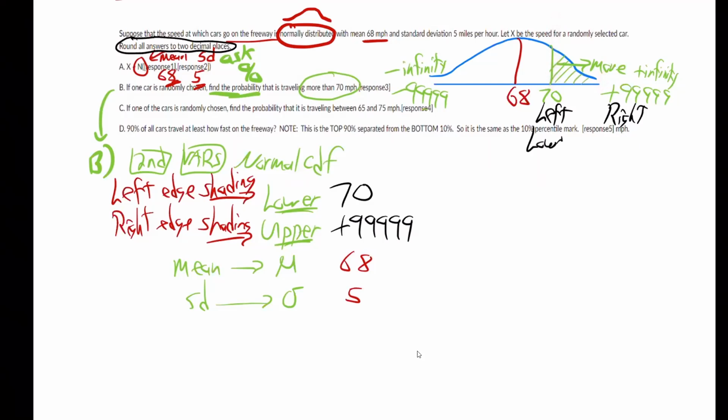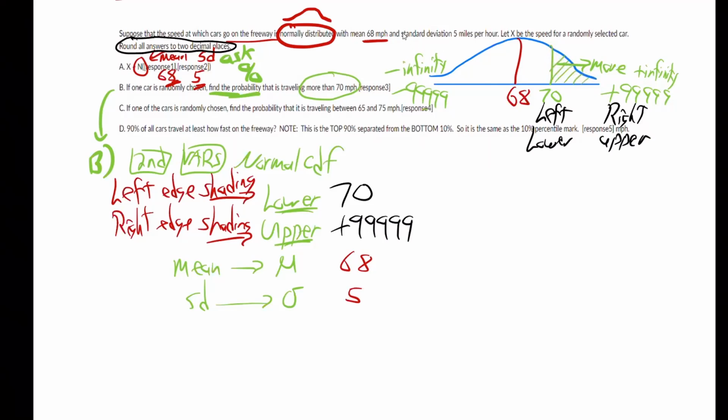Since my shading went right forever, my right edge is positive infinity or positive 5 nines. If you have shading that goes left forever, then your left edge will be negative infinity or negative 5 nines. Does that make sense? And so if that goes right forever or left forever, you're going to have the 5 nines, positive or negative.